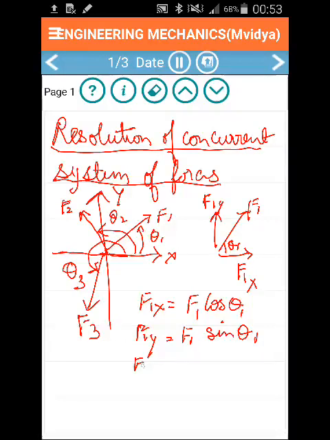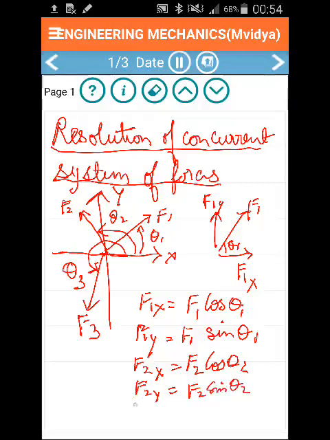Similarly, I can write F2x is equal to F2 cos θ2, and F2y, the y component of F2, is F2 sin θ2.